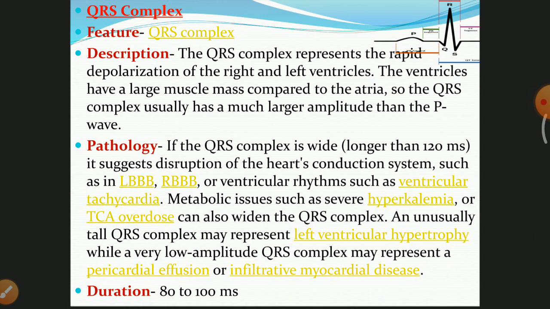So there is a disruption or defect in the left or right bundle branch.